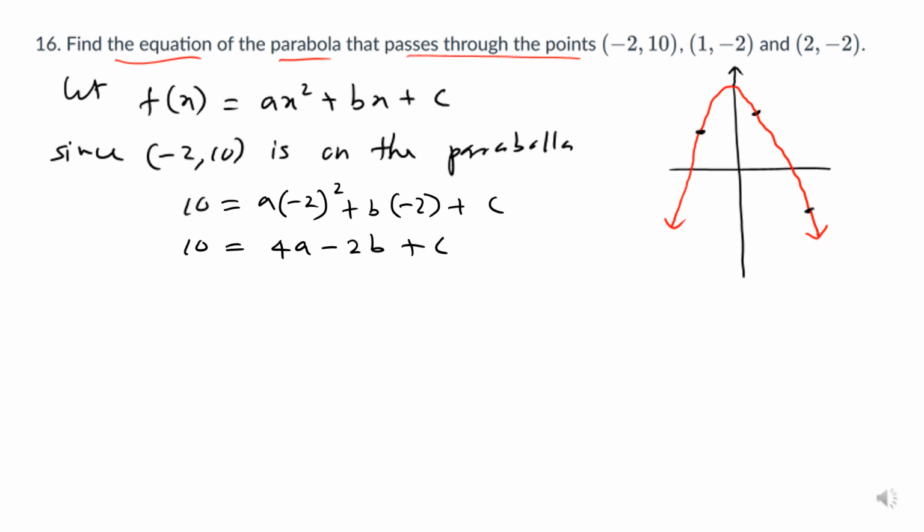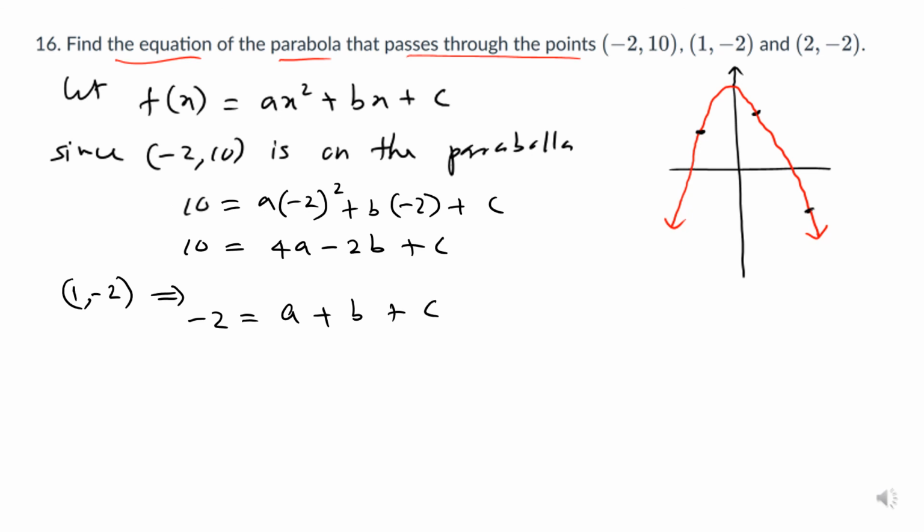And similarly, the point (1, -2) implies that we get -2 = a + b + c.